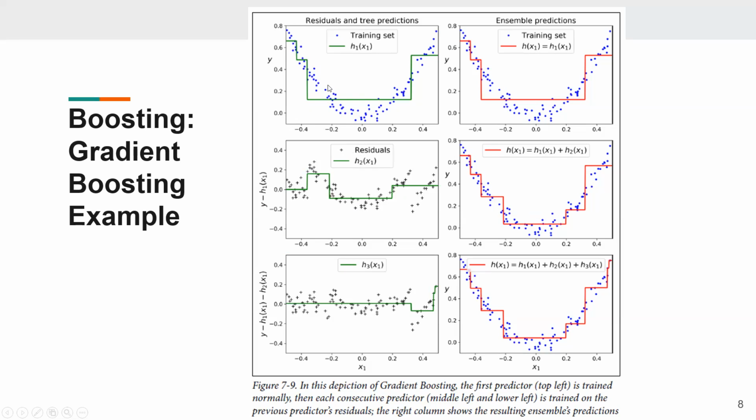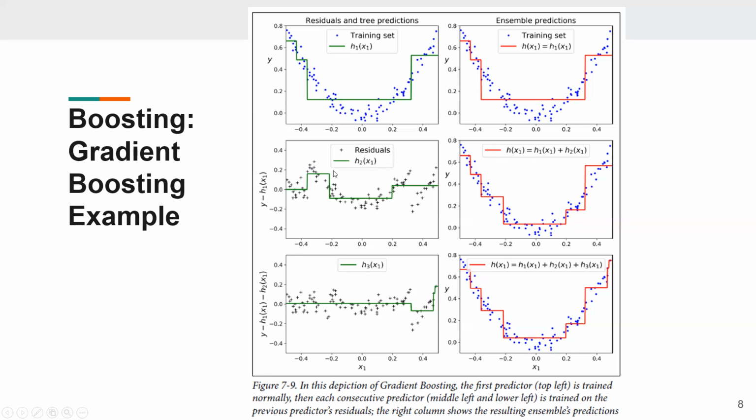In other words, you calculate the residuals from this model, and then you have all the residual numbers, and you build a new model, which is the second model, where the y-axis is y minus the predicted value based on h1.